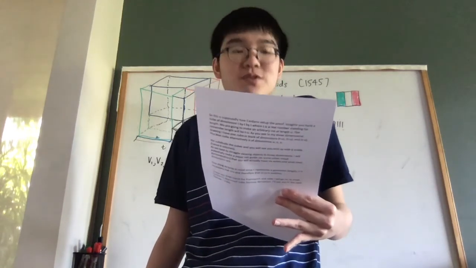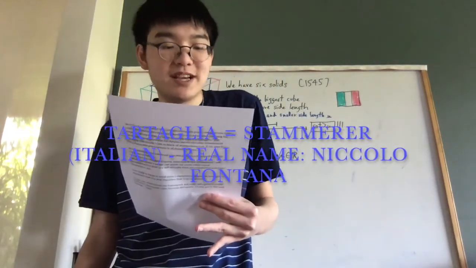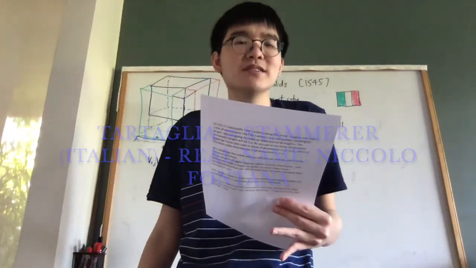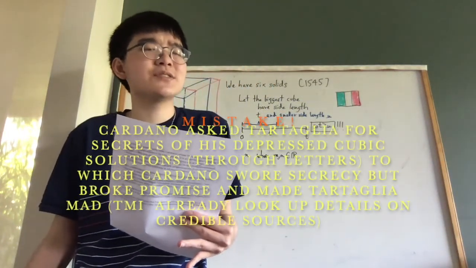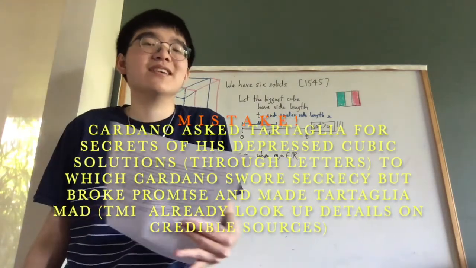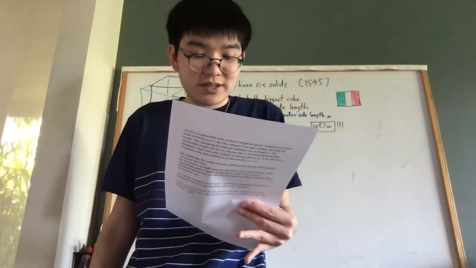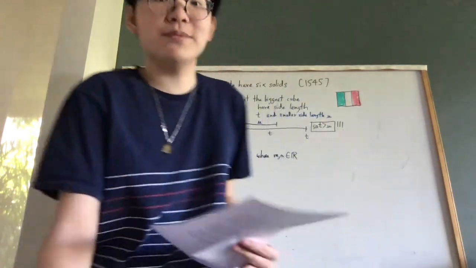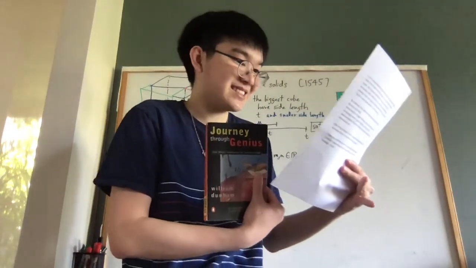There is some drama in particular between Cardano and another mathematician named Tartaglia, which you can look up. I'm certain that they have a teacher-student relationship, actually, though who is the teacher and who's the student, I cannot technically remember.